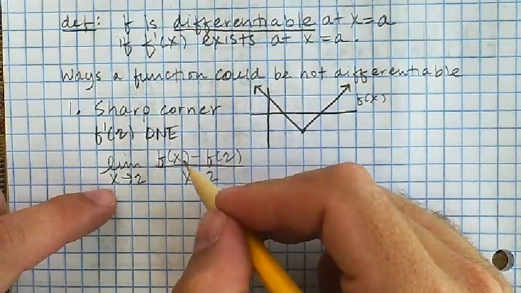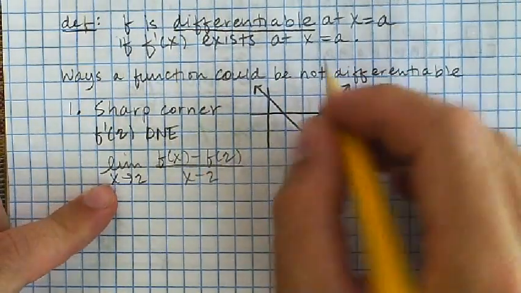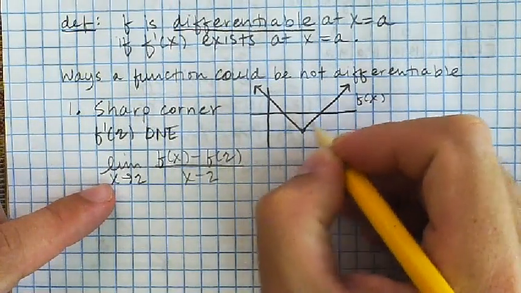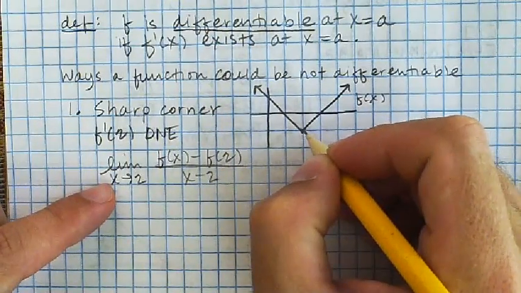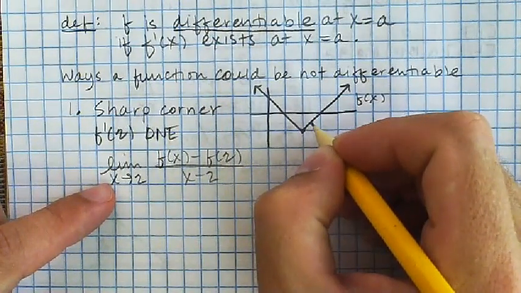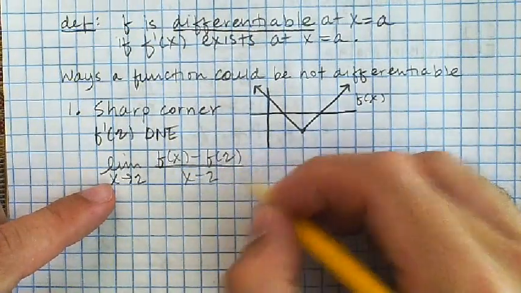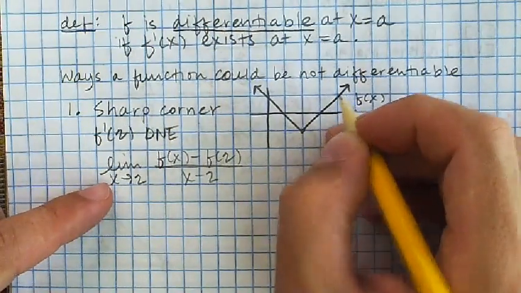If x is approaching 2 from the positive side, then I've got, say, f of 3 minus f of 2 over 3 minus 2. That's the slope between these two points. That's 1. If I chose 2.5 or 2.1 instead of 3, I'm still going to get a slope of 1, because the slope on this entire portion of the graph is always 1, because it's a line.